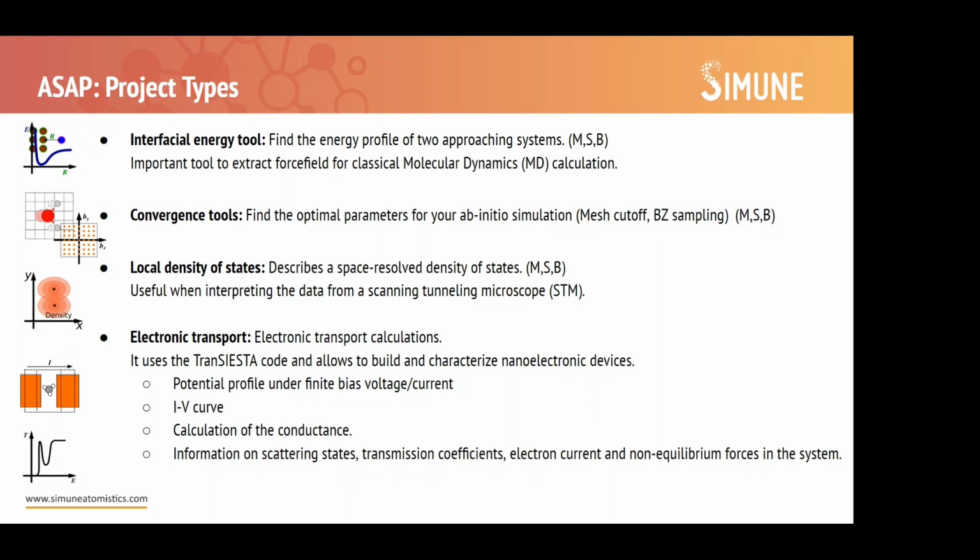The outcome of the project gives the IV curve, essentially the current versus voltage curve for the nano device. It can calculate the conductance and give the properties of the transmission. Right, I'm going to the next slide.